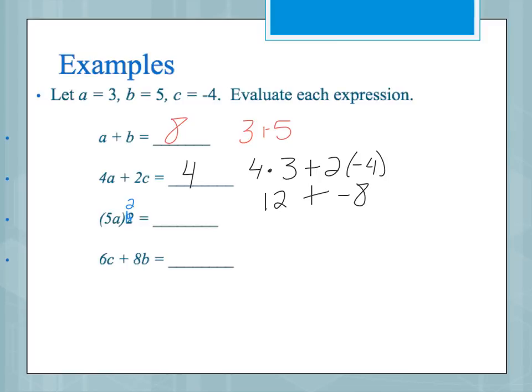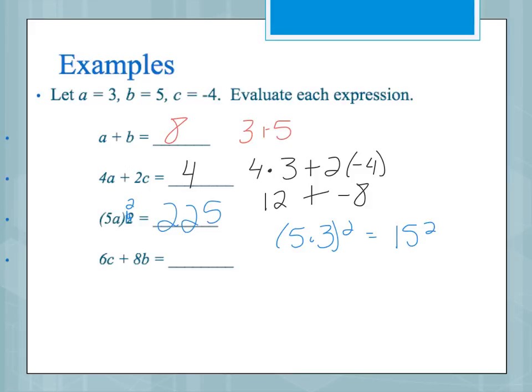Example 3. Again, I'm going to substitute a 3 in for A. So I have 5 times 3 squared. Okay. Using the order of operations, I'm going to do my parentheses first. So I have 15 squared for a total of 225.